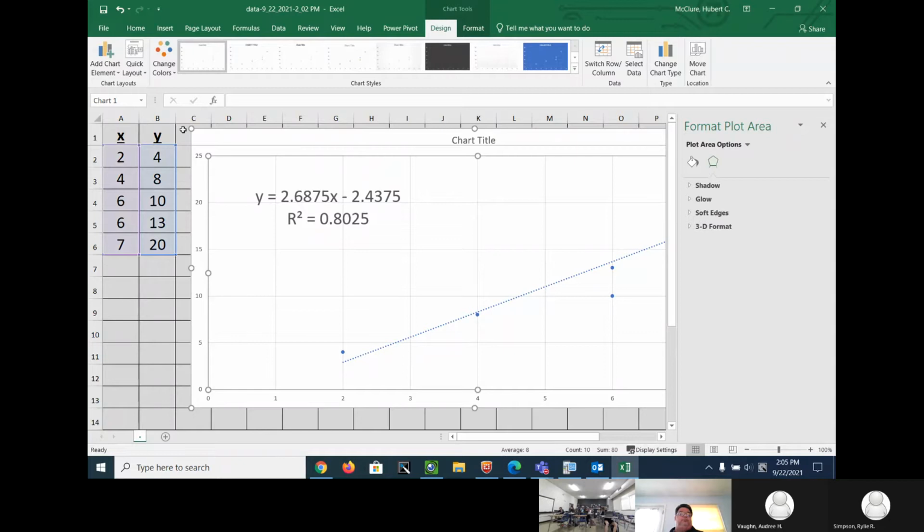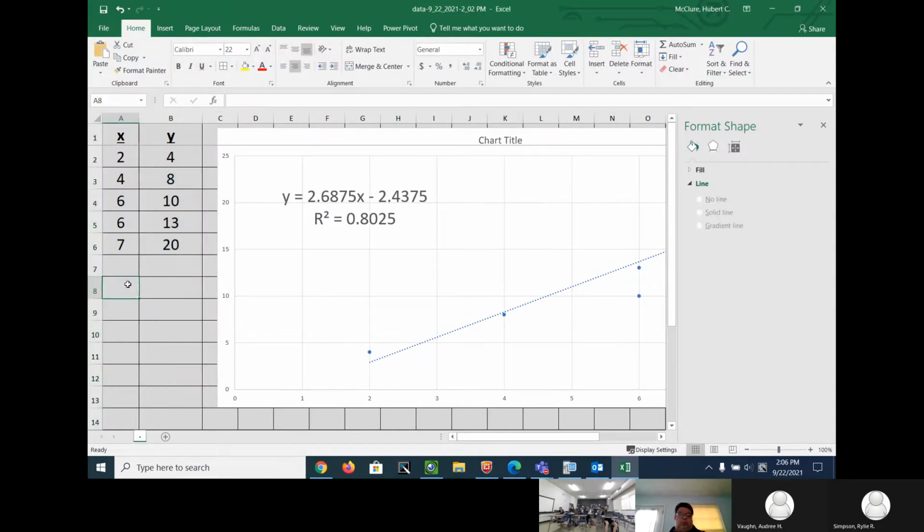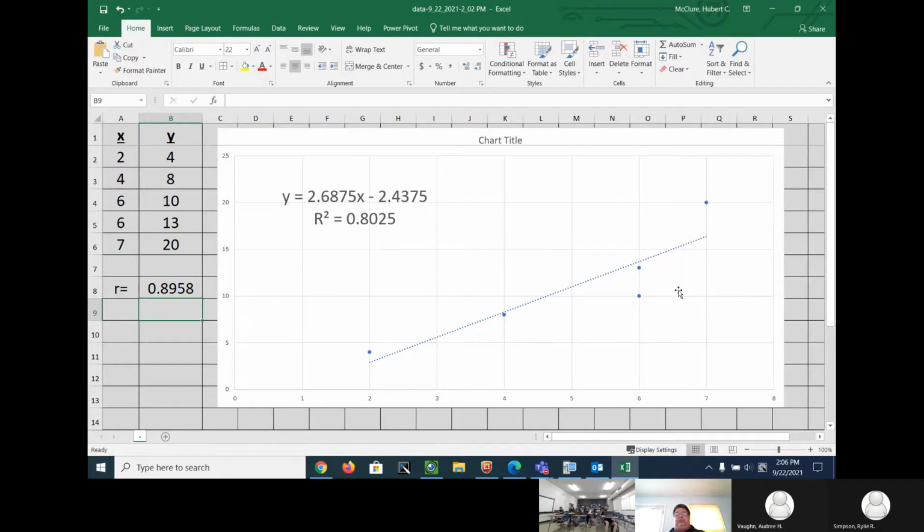And R is going to be equal to the square root of 0.8025, which is 0.8958. So what you've just done, you have just done everything that I want you to be able to do on a test. Okay.